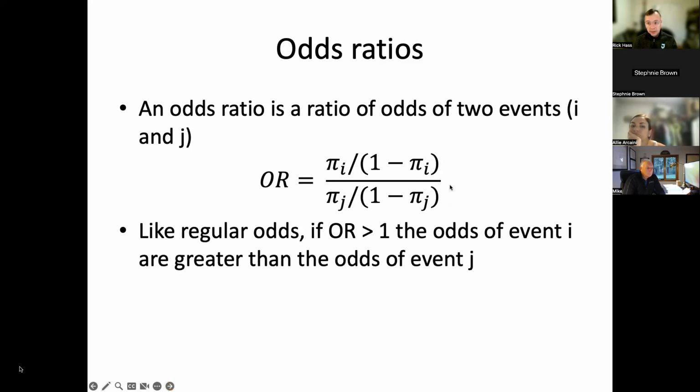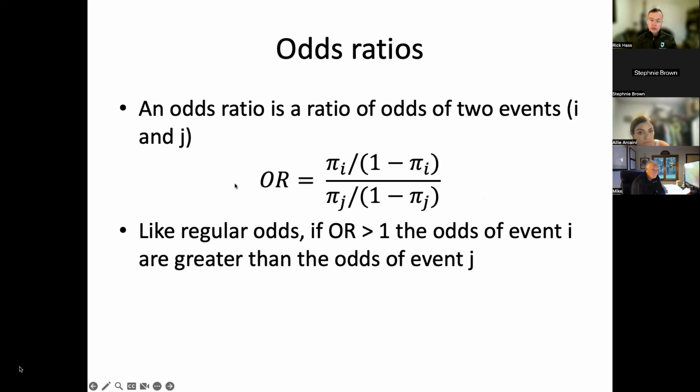When we put odds in a ratio, the interpretation is very similar to odds by themselves, right? But now we're looking at essentially how much larger or smaller the odds of something happening in one group or situation are compared to the other group or situation in the denominator.